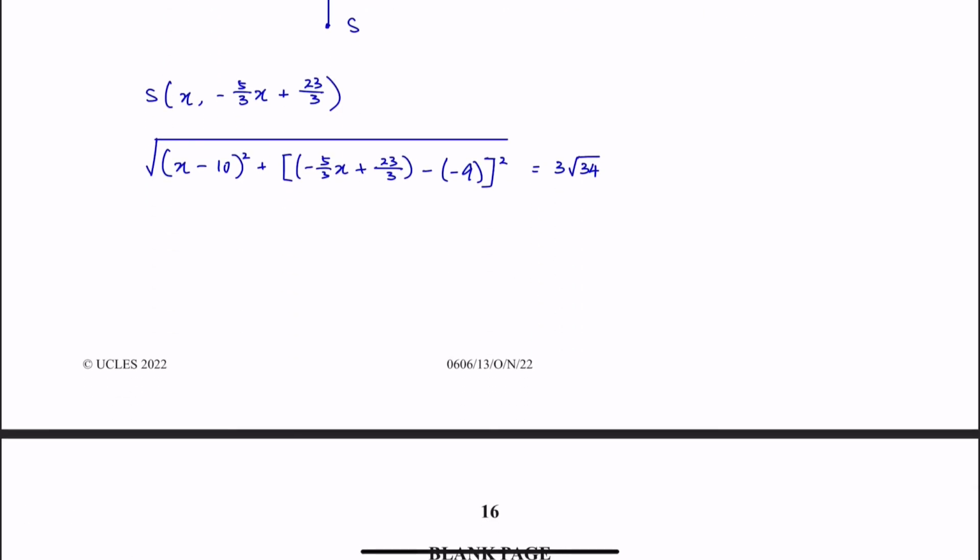So let's simplify this equation. We would have x squared minus 20x plus 100 plus (-5 over 3 x plus 50 over 3) squared equals 9 times 34. So I square both sides to get rid of the square root function to reduce our mistake.